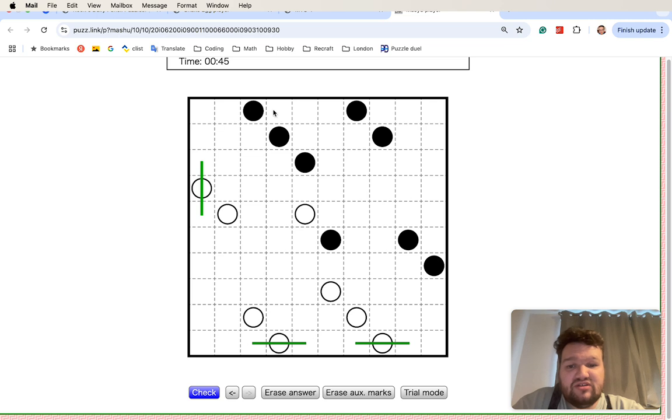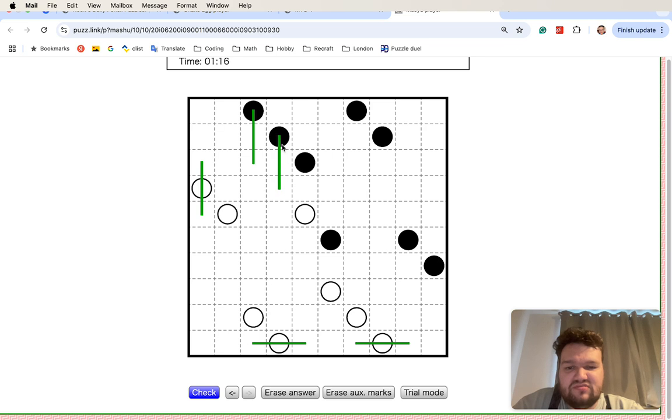And for black circles, since we have to turn, it means that there will be a segment of length at least 2 in the vertical direction and in the horizontal direction, in one of two vertical directions and one of two horizontal directions. And for circles near the border, it means that one of the two vertical directions in this case is blocked, so we will have the other one.